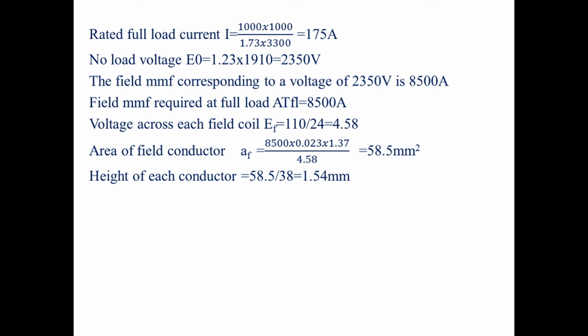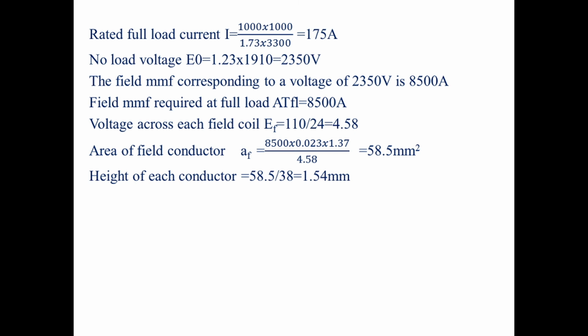Area of field conductor is AF is equal to 8500 into 0.023. So 8500 is the field MMF corresponding to a voltage, into 0.023. What is 0.023? That is the resistivity, rho, correct. So resistivity is 0.023 into 1.37.